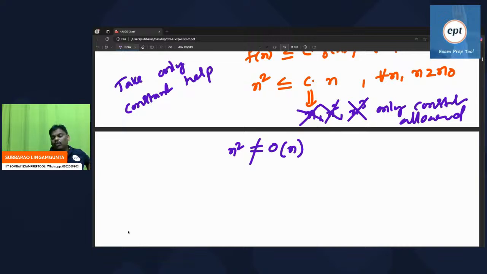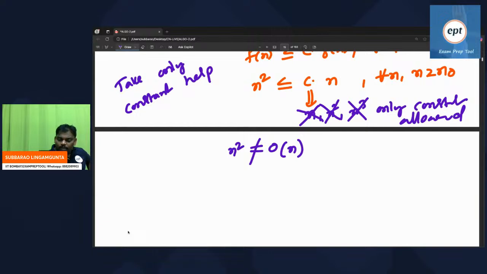N square is big O of n is wrong. It is impossible. By taking constant help, prove the right side bigger. That's what the big O notation is.